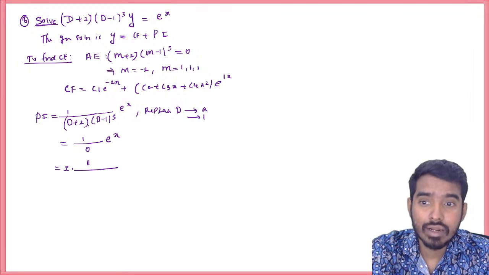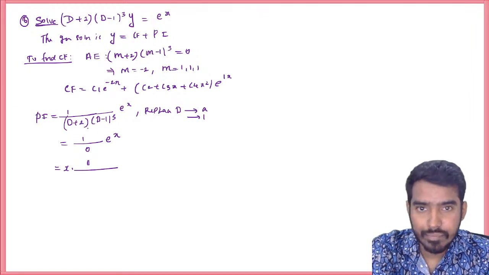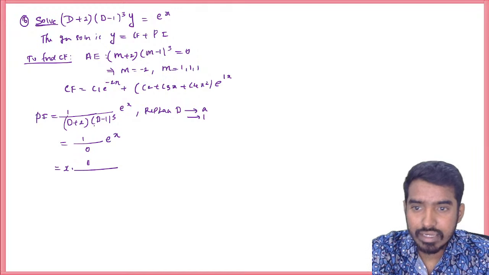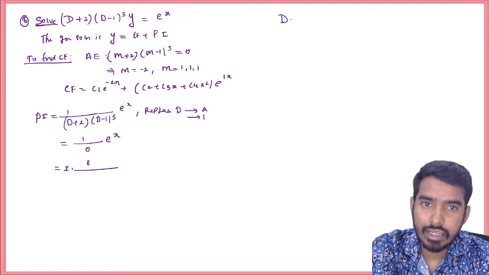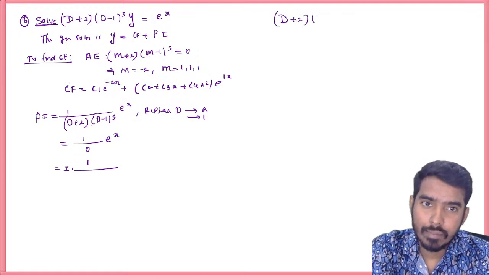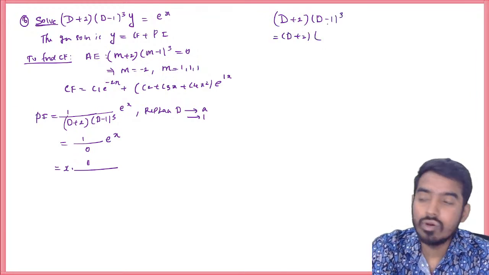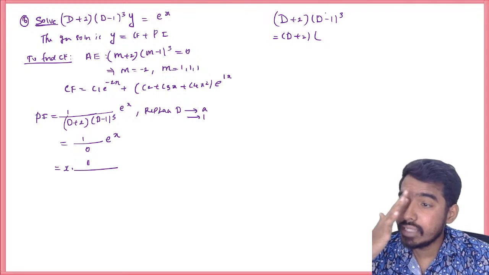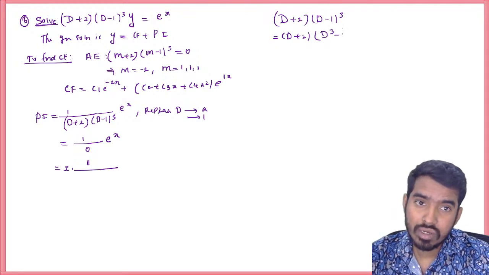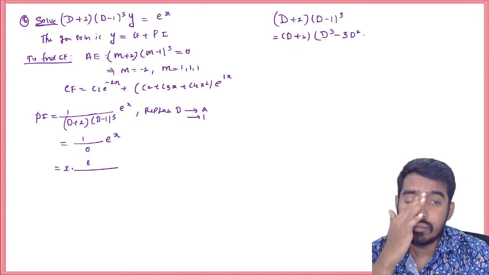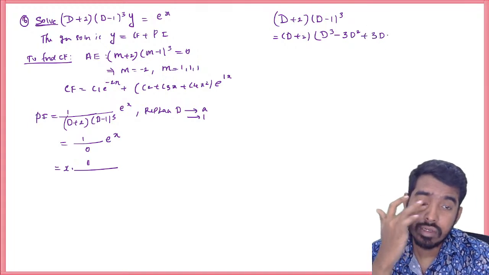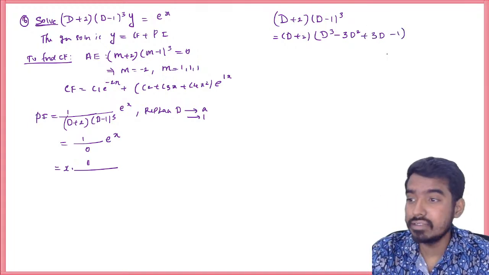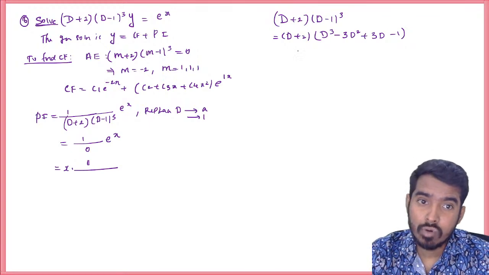Here you need to apply what? UV method, or you can take a single expression instead of writing d plus 2 d minus 1 whole cube. This is same as d plus 2 into a minus b whole cube, which is a cube minus 3a square b plus 3ab square minus b cube, right? This is the expansion of a minus b whole cube.